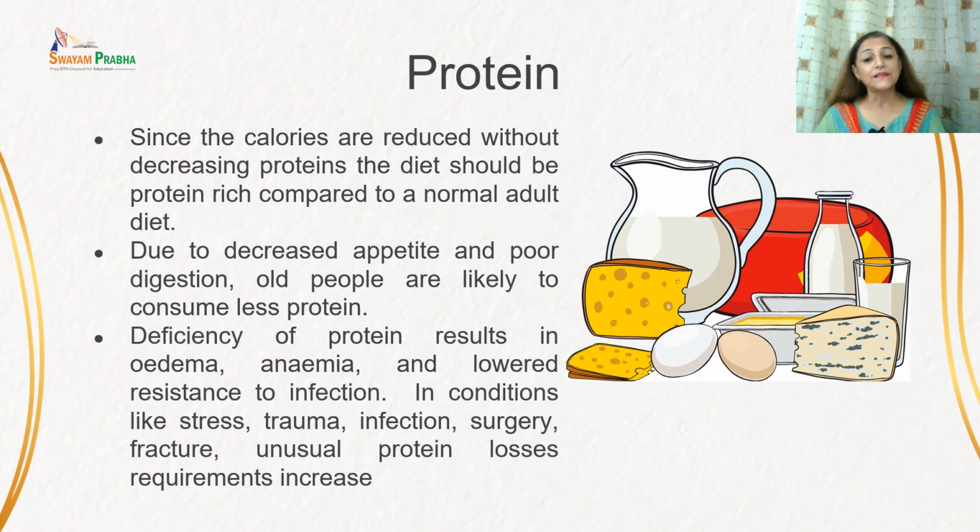Therefore, under conditions like whenever there is stress, internal or external, or there is trauma, or any infection, or surgery, or fracture, or unusual protein losses through the kidneys, the requirement of protein is increased.